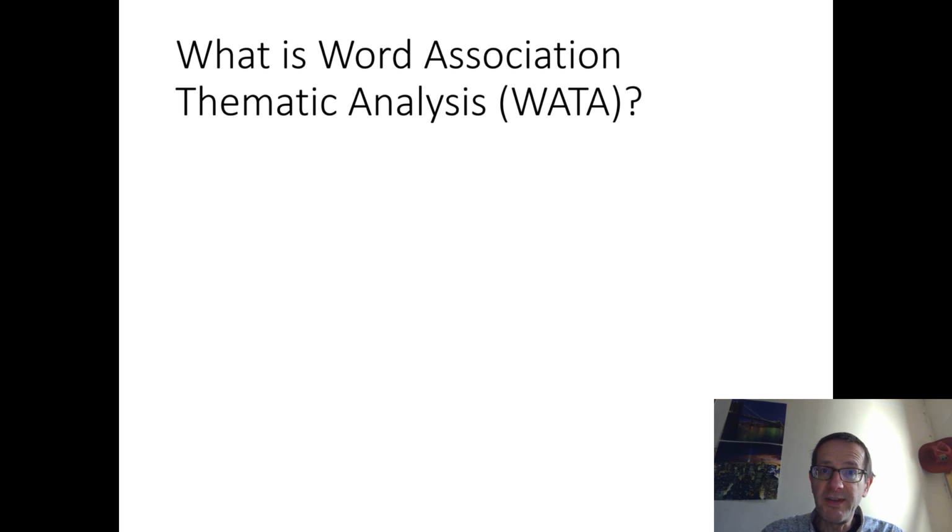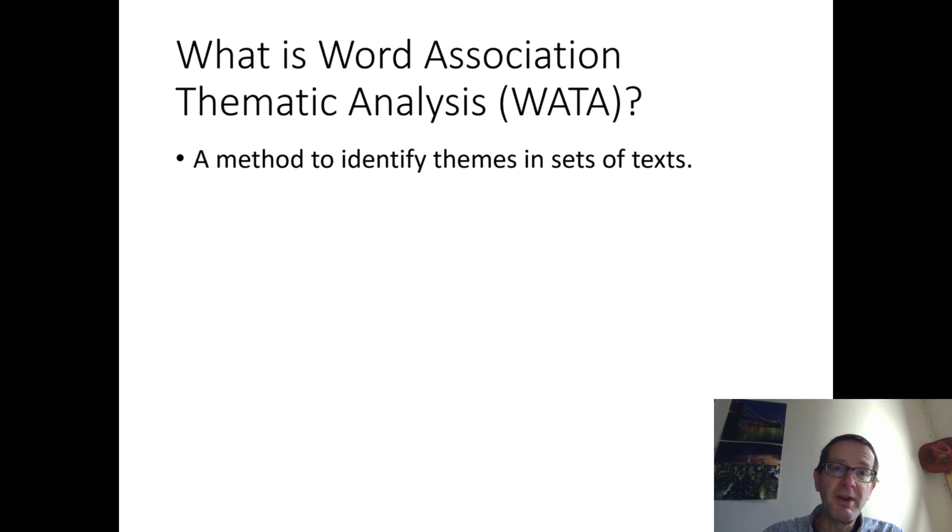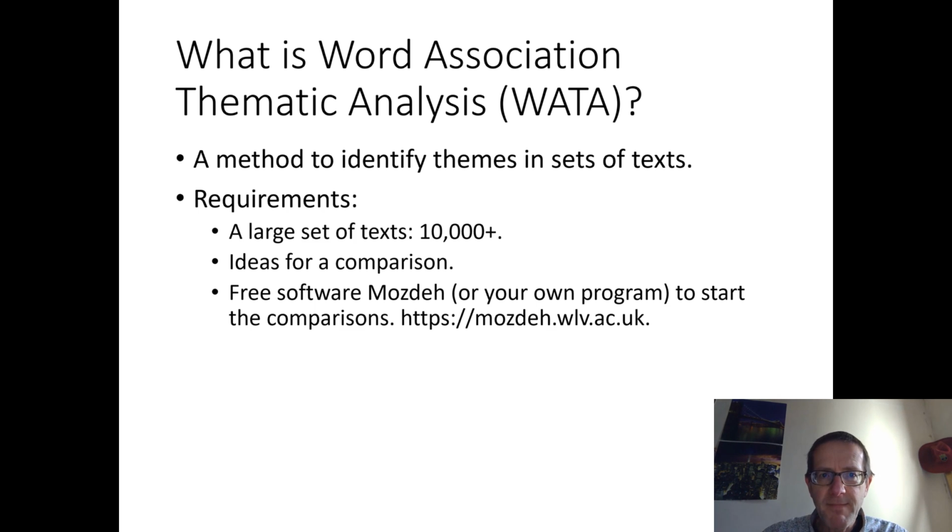So first of all, what is Word Association Thematic Analysis, WATA for short? It's a method to identify themes in sets of texts. And for this method, you need a large set of texts, ideally at least 10,000 texts.